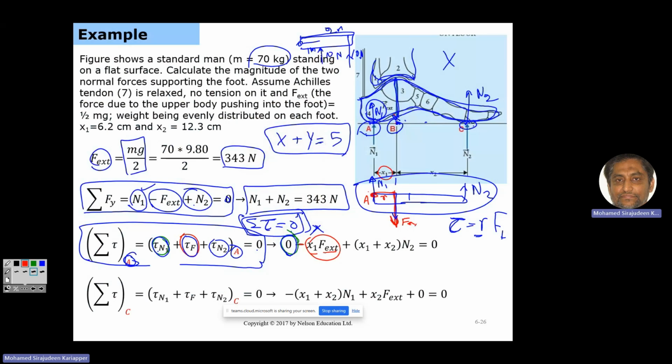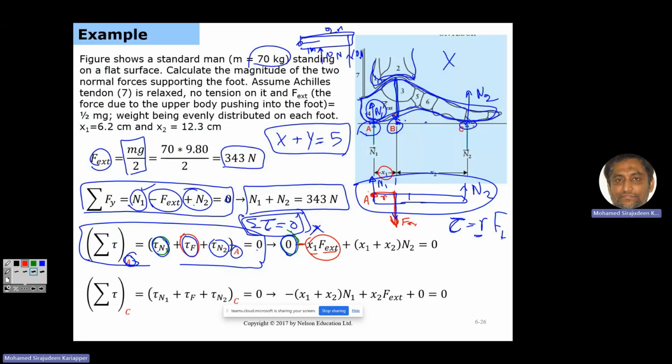Which direction will it rotate? Clockwise. Clockwise is negative. So we put the negative sign. So first get the magnitude of the torque, R multiplied by the perpendicular force. The force is anyway perpendicular, right? And then put the sign because it is clockwise rotation, you put the negative sign.